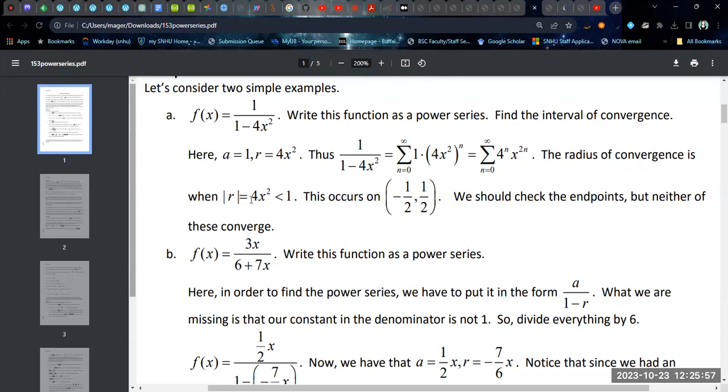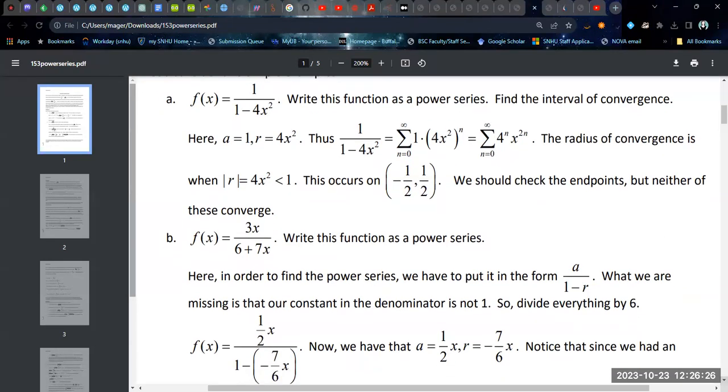You take the square root of both sides of this, and you get the absolute value of 2x is less than 1, and then you go from there. Now you would have to check the endpoints, as we saw with other power series, to determine whether one of the endpoints should be included. But this is basically a pure geometric series, and so neither endpoint ends up converging.